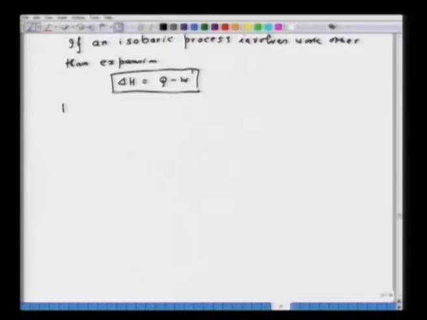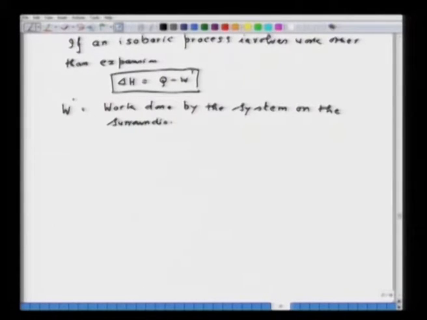I will write for you, W dash is equal to work done by the system on the surrounding in the constant pressure process, other than expansion work.